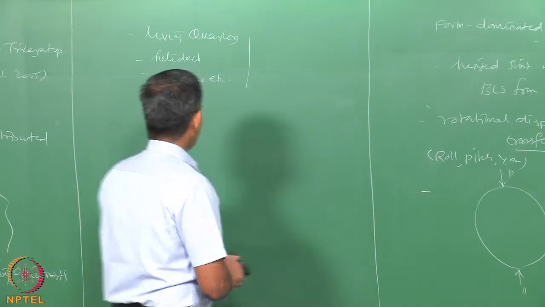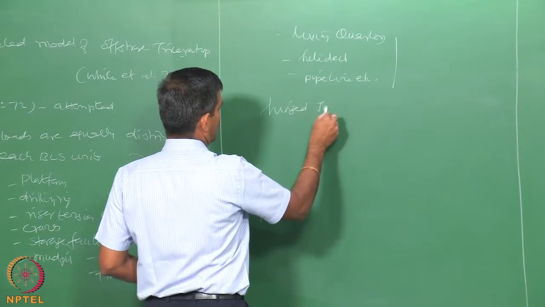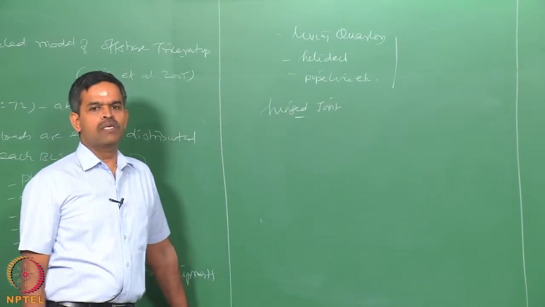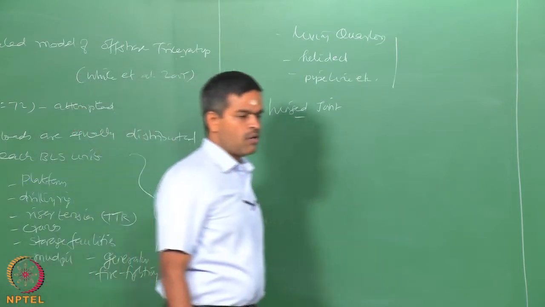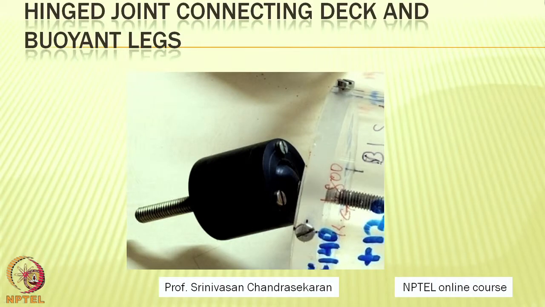Now, let us come to the argument of how a hinged joint needs to be modeled in this case, or what the important input fed to the reliability analysis for the hinged joint should be. Friends, please pay attention to the figure shown on the screen now. This is a photograph taken of the installed model of a hinged joint connecting the deck and the buoyant legs. One can easily see the hinged joint has a roller or a ball race in between.